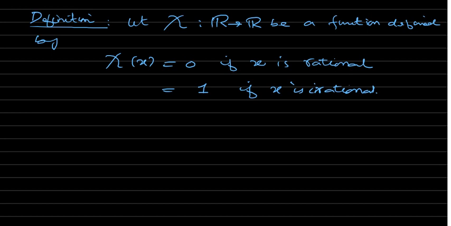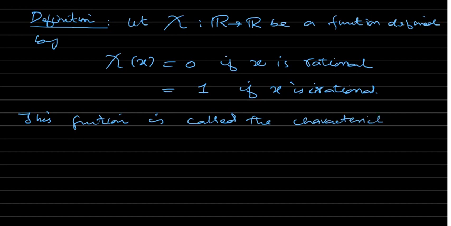So let's define this function. Okay, this function is called the characteristic function of the irrationals, क्योंकि irrationals पर इसका value 1 है. This function is called the characteristic function of irrationals.